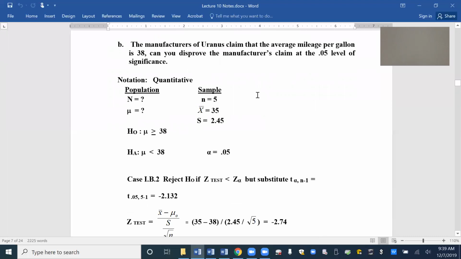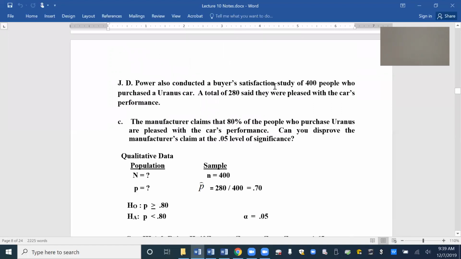All right, so part B of this problem. The manufacturer of the car claims that, here we go, we also conducted a buyer satisfaction study on this car. Asked 400 people. 280 said, yeah. Okay, so can you disprove the manufacturer's claim?